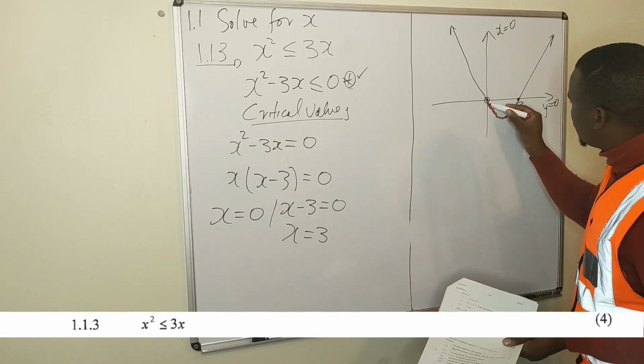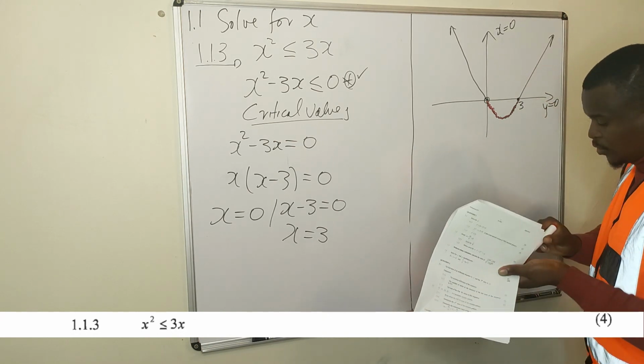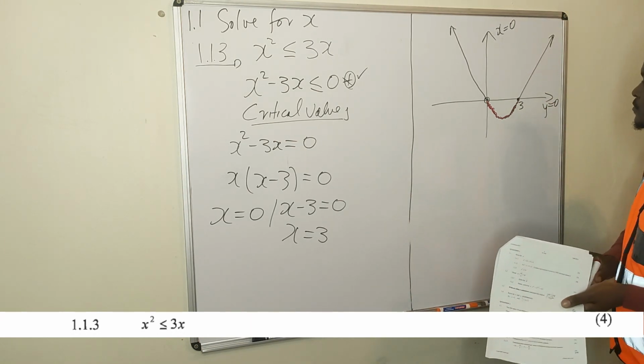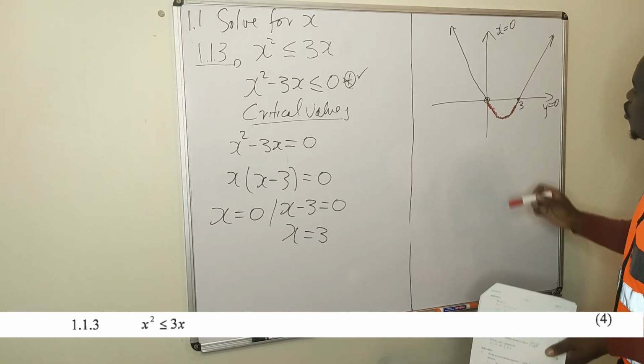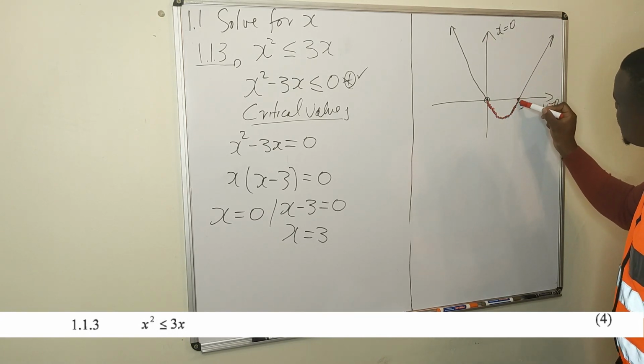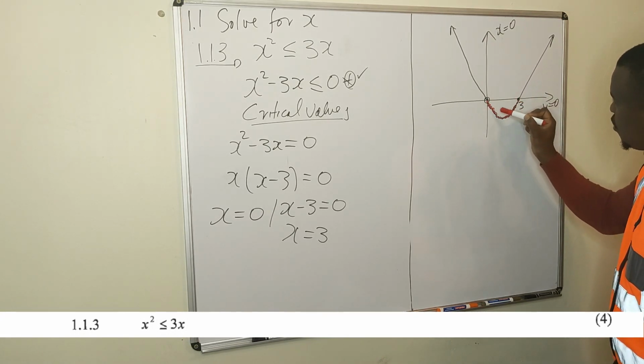We want where our graph is non-positive, which is less or equal to 0. So our graph is non-positive here.